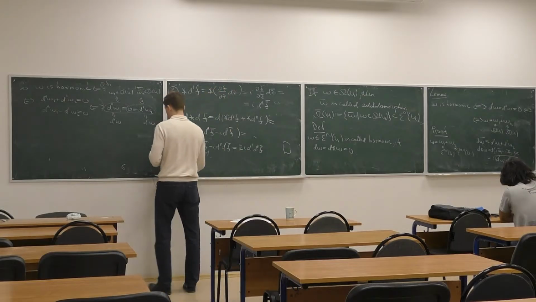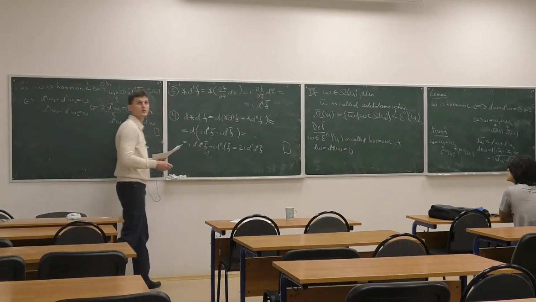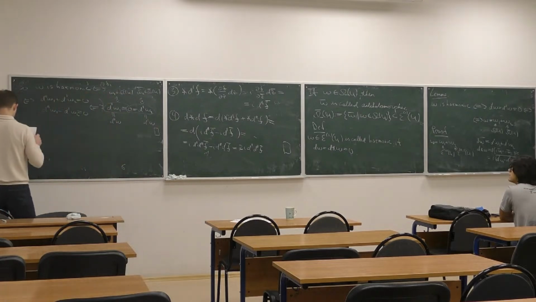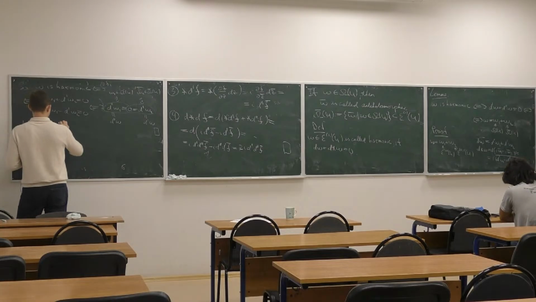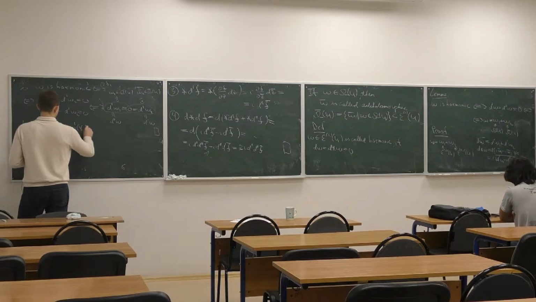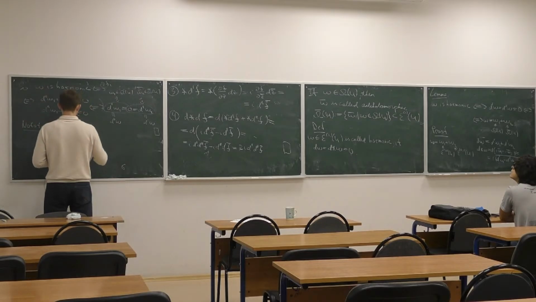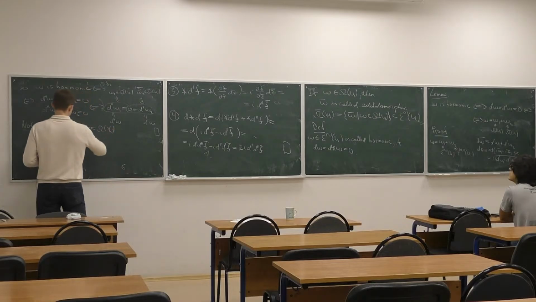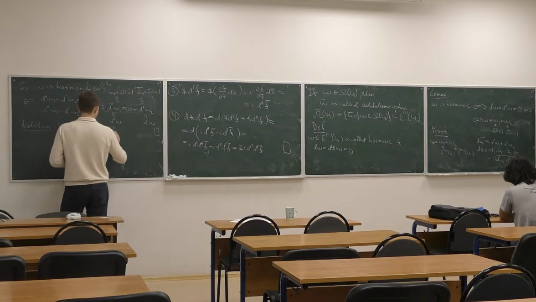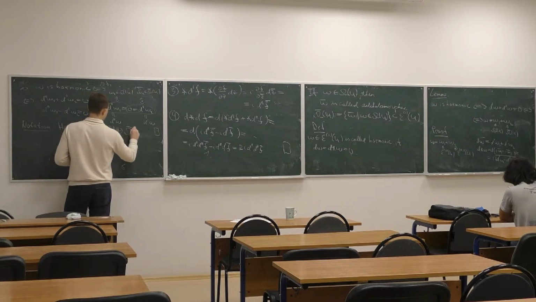Then here we have the notation. The space of harmonic one forms is the sum of holomorphic and anti-holomorphic.